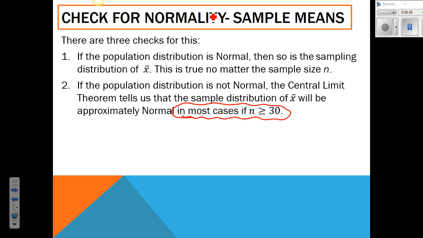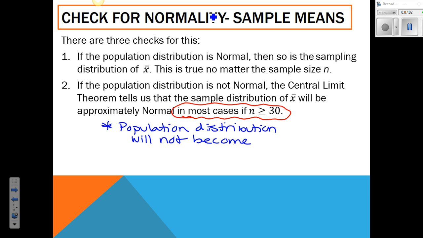Okay. Now, it needs to be noted here that the population distribution will not become normal. What are we commenting on the normality of?